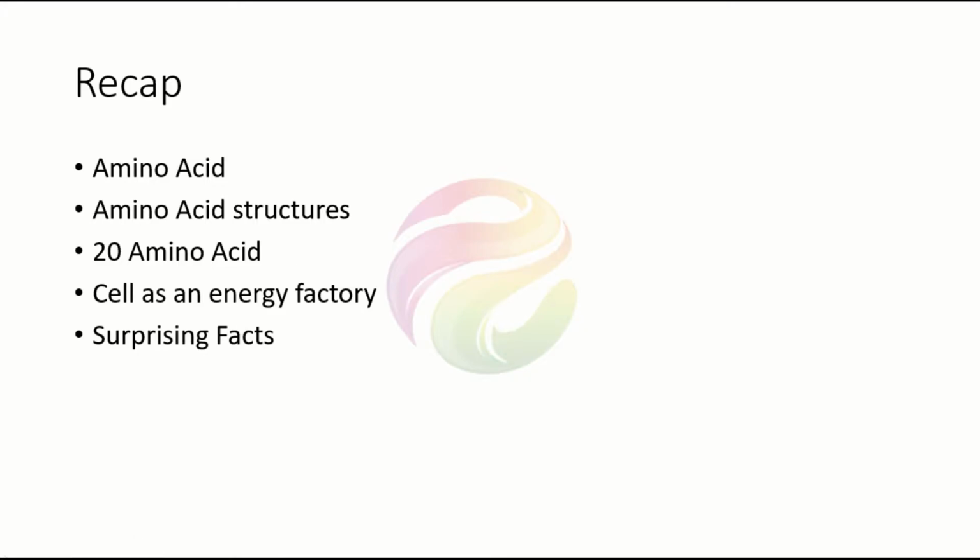We have also discussed the energy factory in the cell, and in detail the glycolysis and how the glycolysis process is performed in the cell, and this process is present in all types of organisms. So this process is very important to understand the role of proteins.